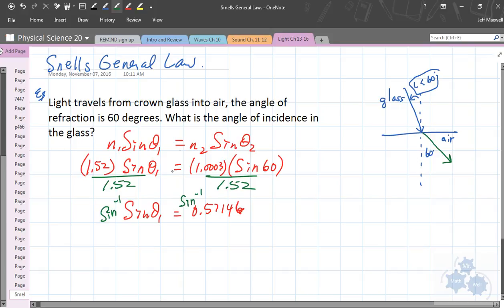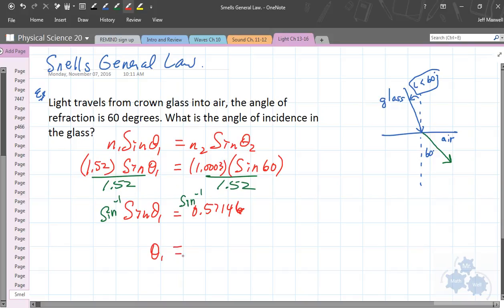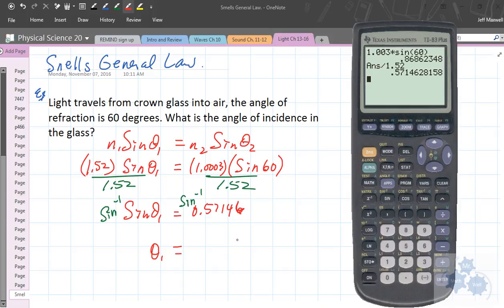And that basically gets theta by itself. So theta 1 equals, and you can just use that number right here. So I'm going to do second function sine, and then plug in the answer, and you should have some kind of answer button on your calculator. And then you should end up with that right there. So 34.85 or 34.9.